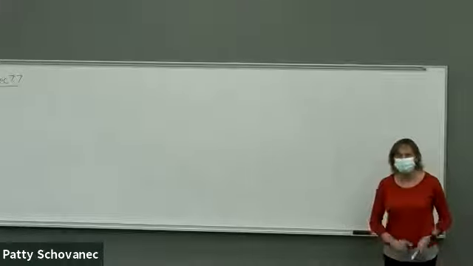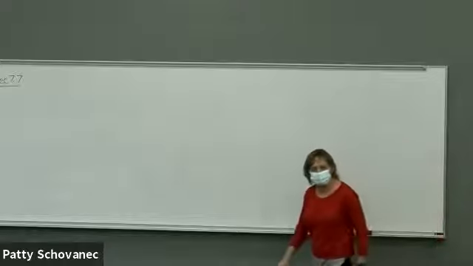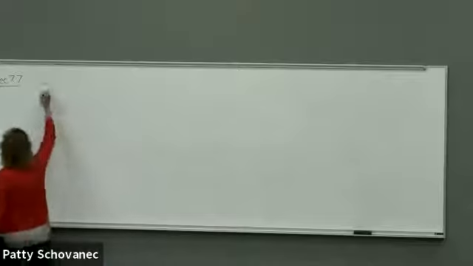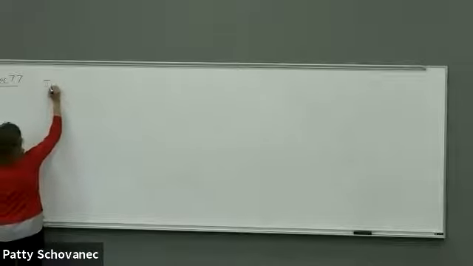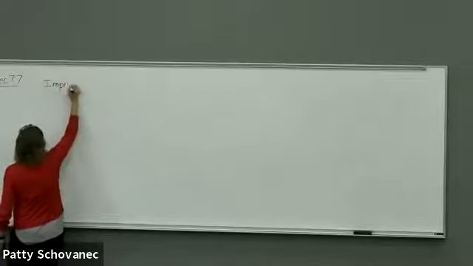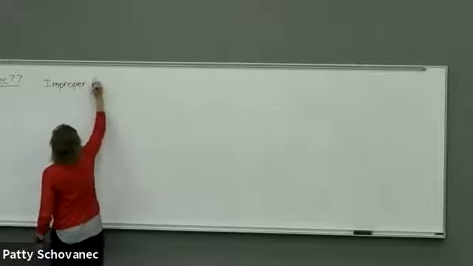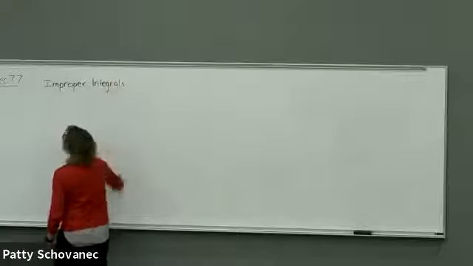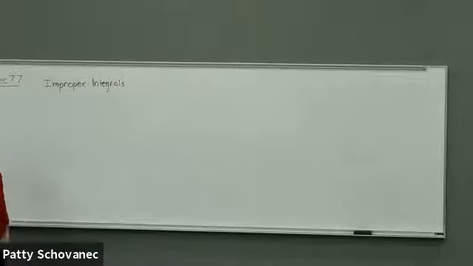Section 7.7, we're looking at something called improper integrals. So what I want you to do is draw me the graph of y is equal to 1 over x squared.